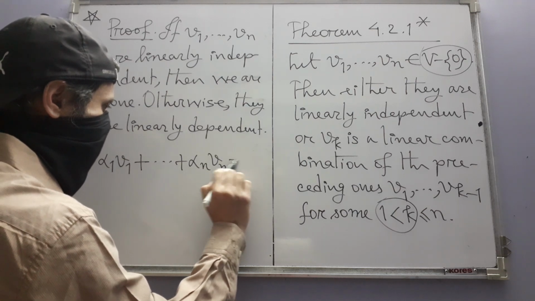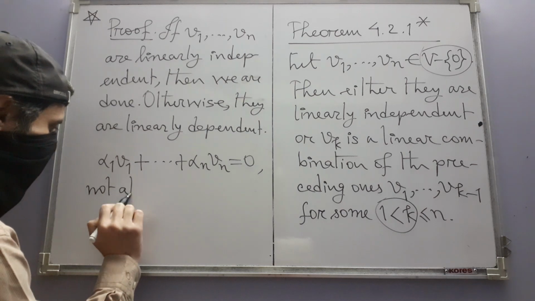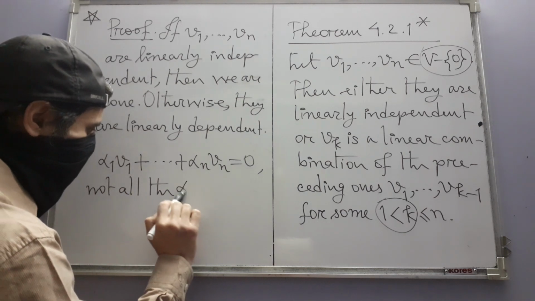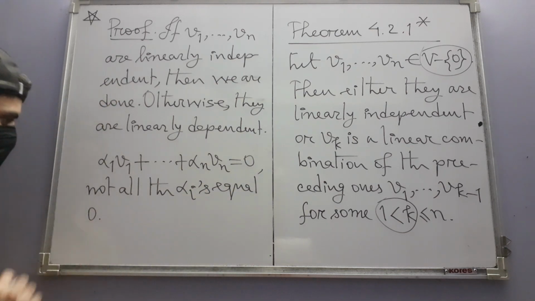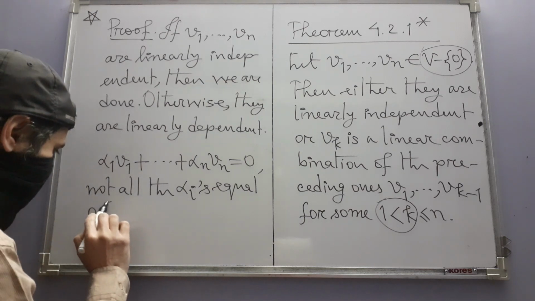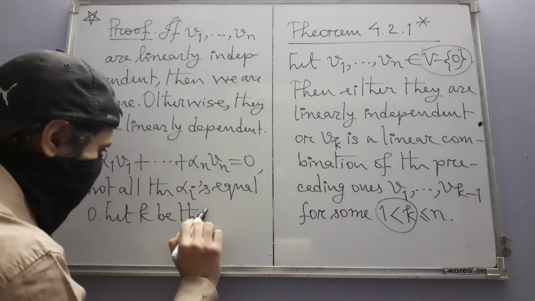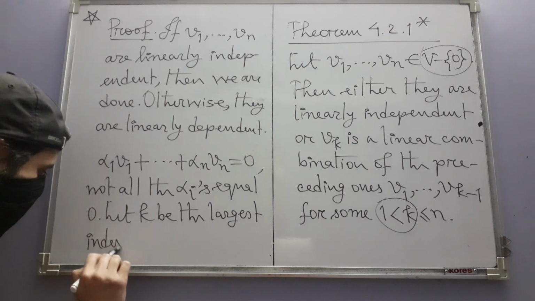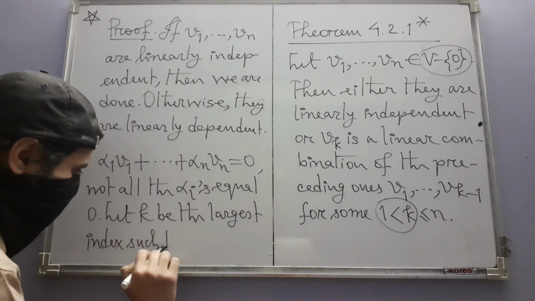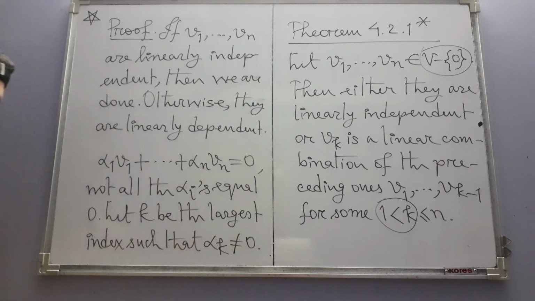Alpha 1 V1 plus ... plus alpha n Vn is equal to 0, where not all the alpha i's equal the 0 scalar. Okay. And as before, let k be the largest index such that alpha k is not equal to 0.